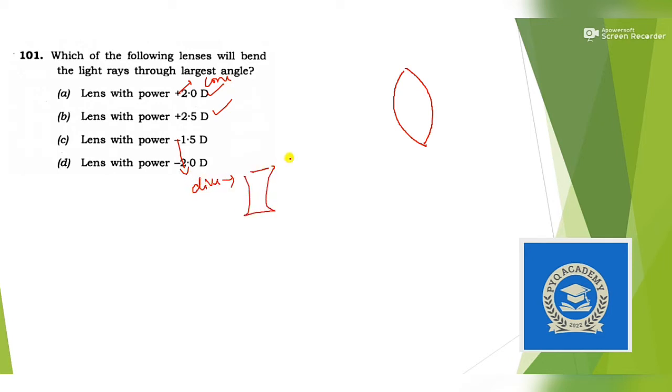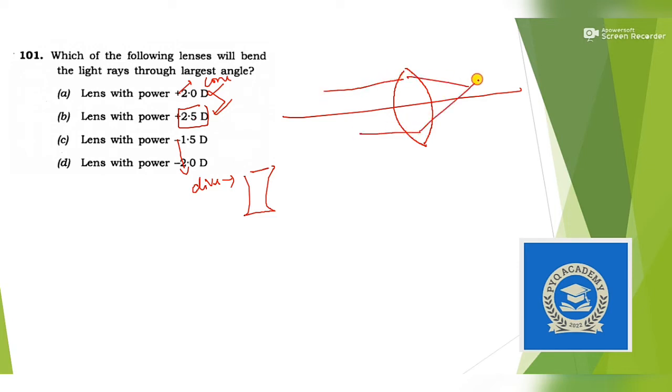Okay. So suppose this is a concave lens. If we compare between these two, a person who has more defect will require this lens, and if he has more defect, then he needs a glass which is more converging, that means which deflects with a larger angle.